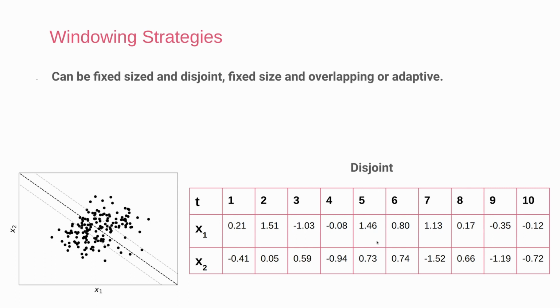One way is using disjoint windows, where, for example, the first window would be the first 5 data points. Typically, it'd be much larger than 5, say 500, but for illustrative purposes, we consider 5. We perform a test. If we get a p-value below some threshold, we flag drift. If not, we move on to the next window, which contains none of the same instances. They're disjoint windows. We perform a test, and the window progresses like that.